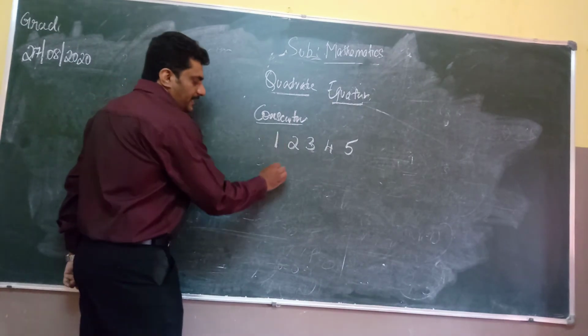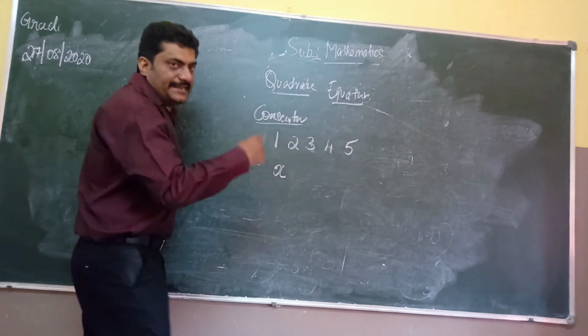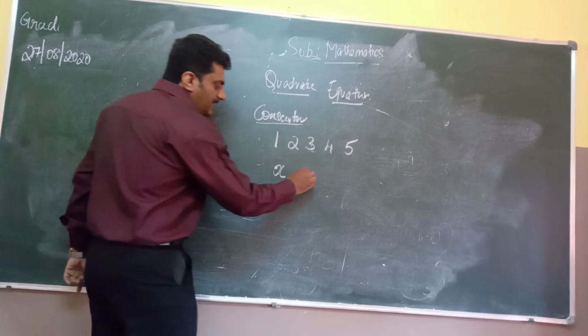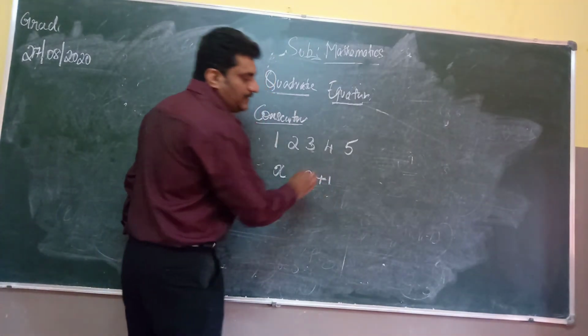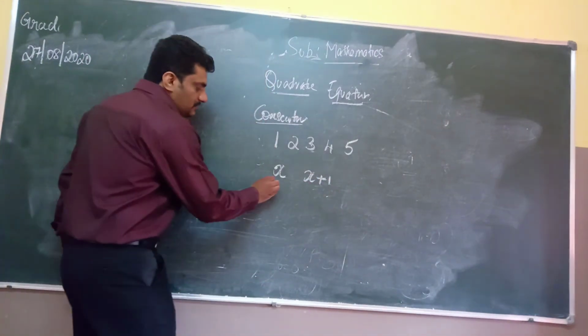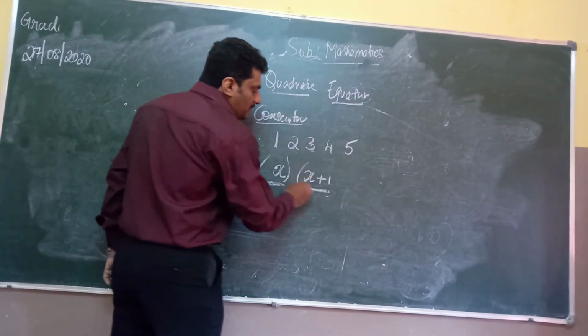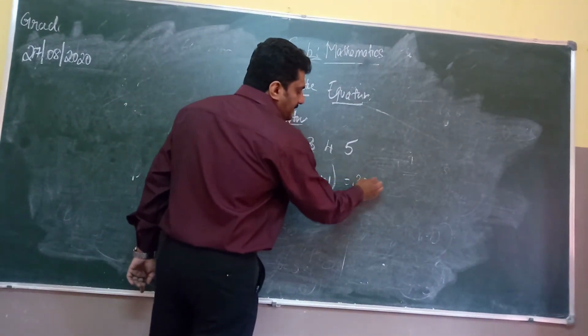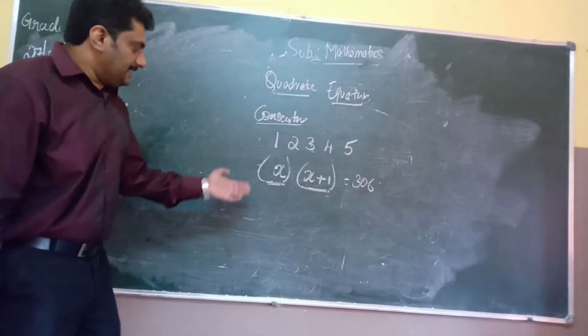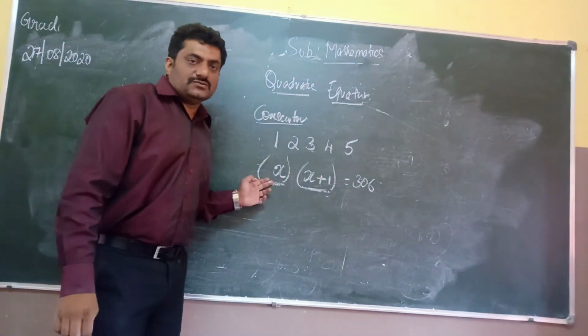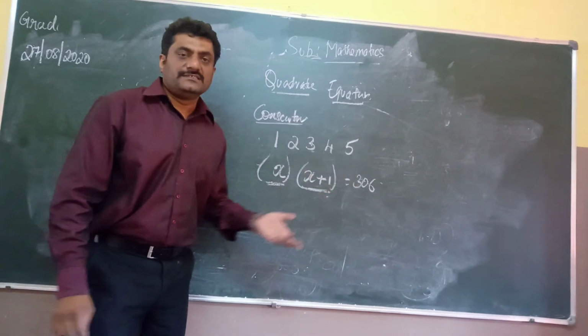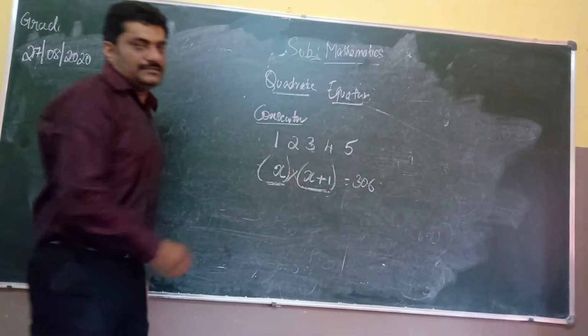Now here, if I take x, what is the next number? It has to be x plus 1. These are two consecutive numbers. They are telling that the product of these two is 306. What is the meaning of product? Multiplication.